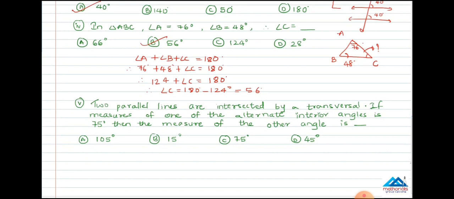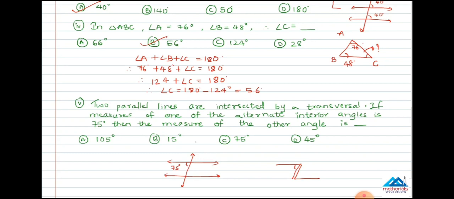Now the fifth one. Two parallel lines are intersected by a transversal. If the measure of one of the alternate interior angles is 75 degrees, find the other angle. One transversal intersects two parallel lines. Alternate interior angles form a Z shape, this angle and this angle.